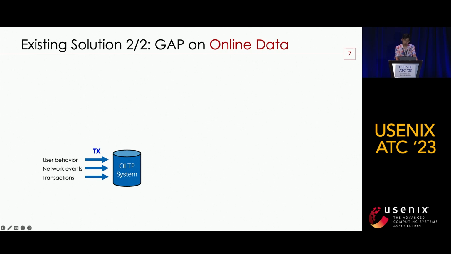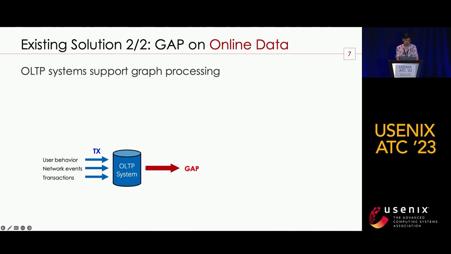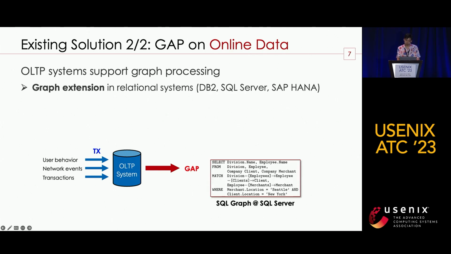It means that the OLTP systems also support graph processing. Some OLTP systems support graph processing by a graph extension, such as a language extension or a storage extension. However, the execution is still inefficient due to the relational operations.